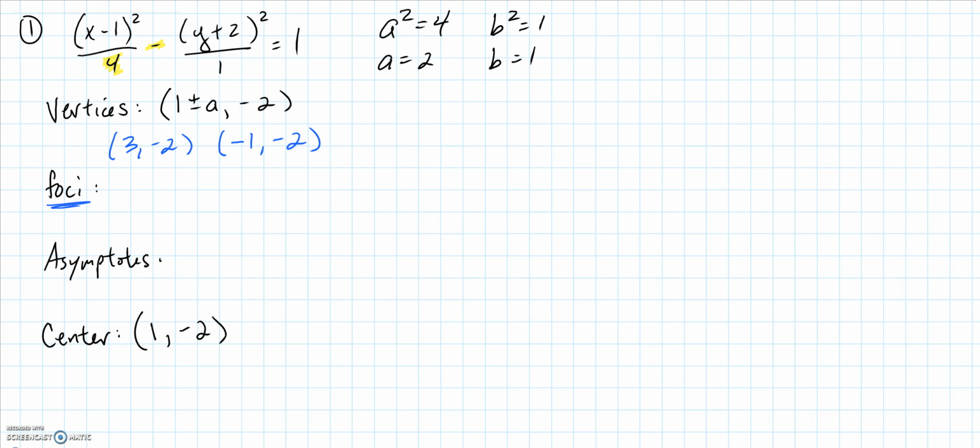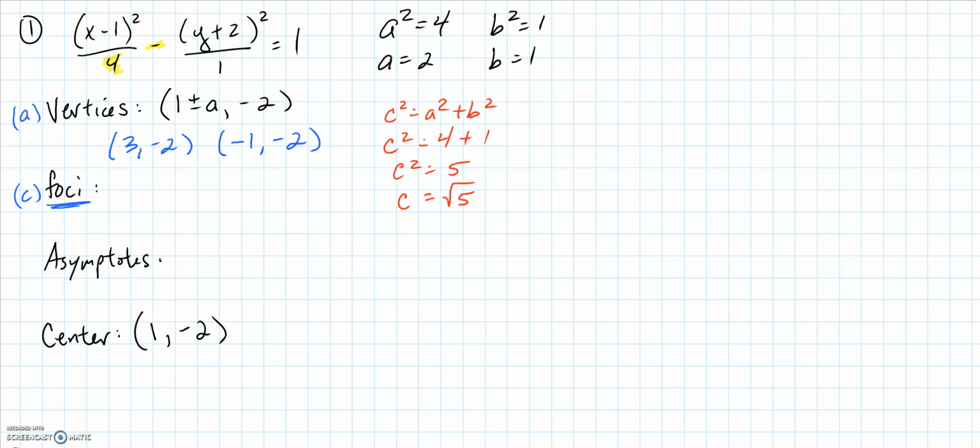My foci, that is the c value. This is a, foci is c. To find my foci, we need to do a little bit of math. Since it's a hyperbola, c squared is equal to a squared plus b squared. c squared is 4 plus 1, so c squared is 5, so that makes c equal to the square root of 5.